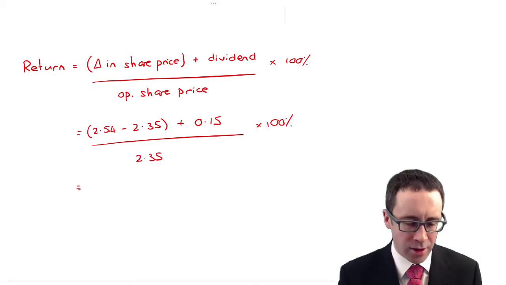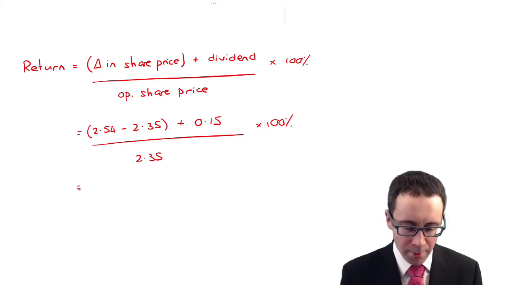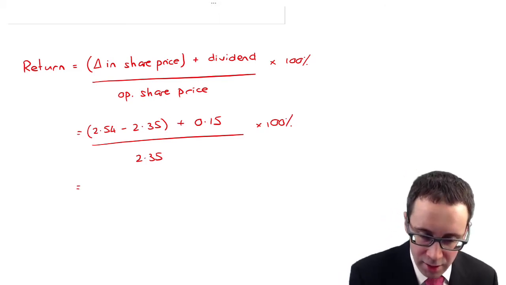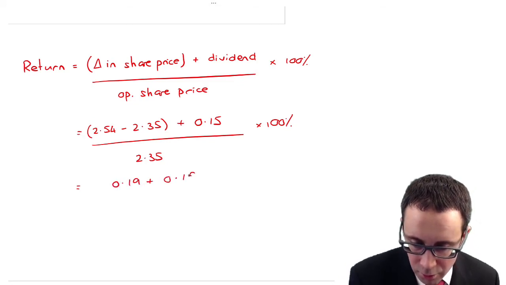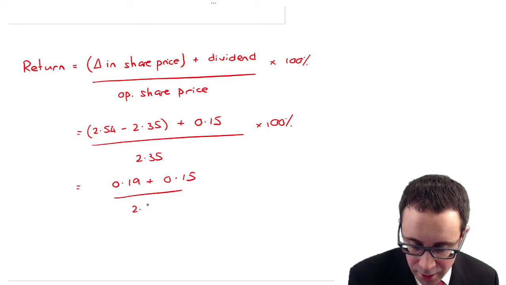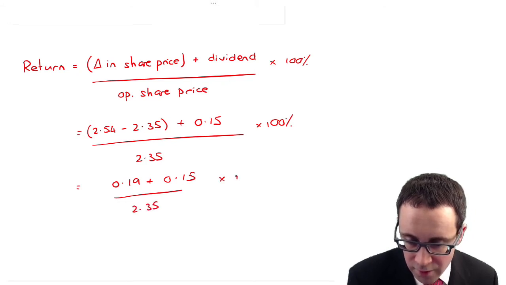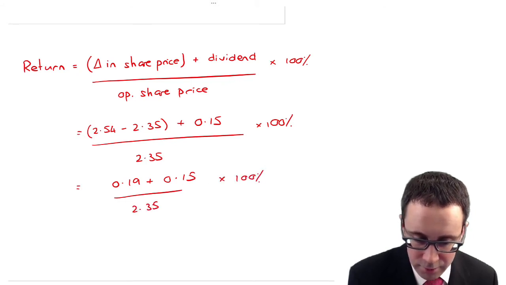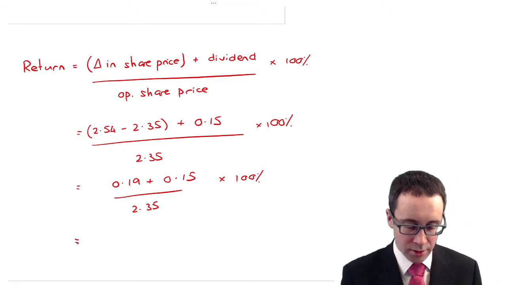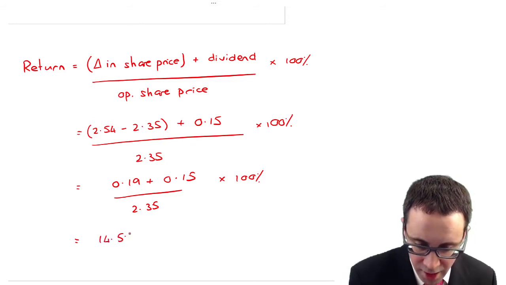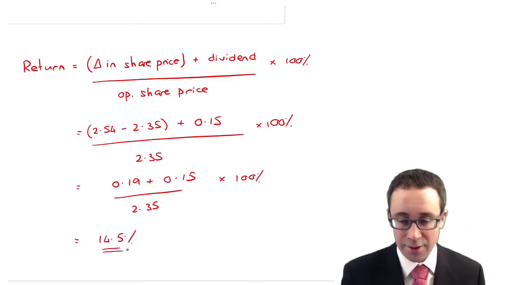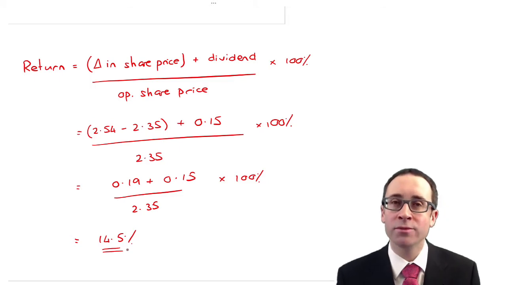Don't do it in your head, do it on a calculator. 0.19 plus 0.15, divided by 2.35, times 100.